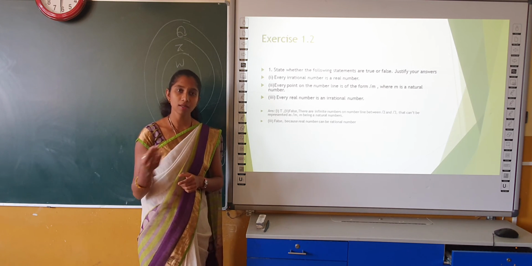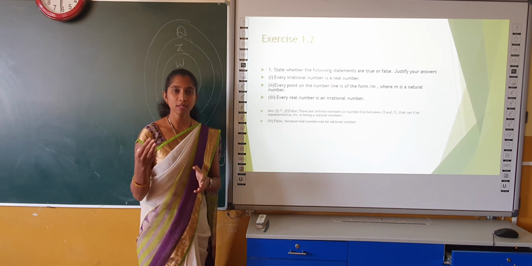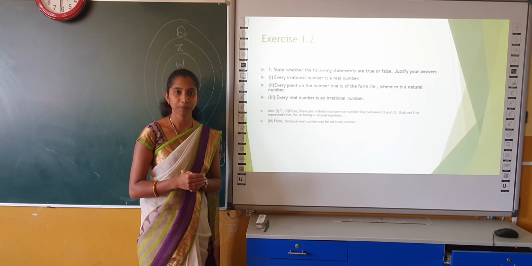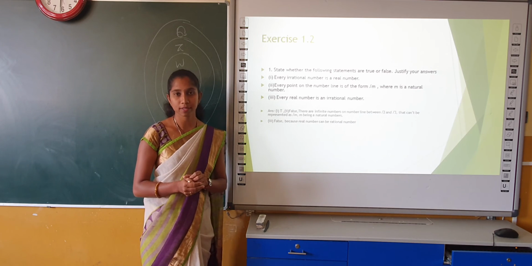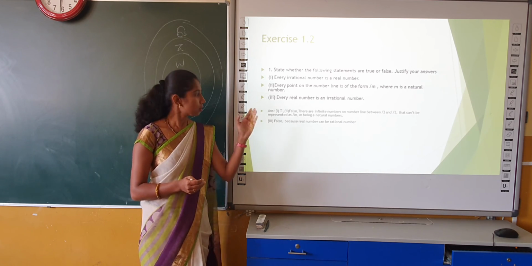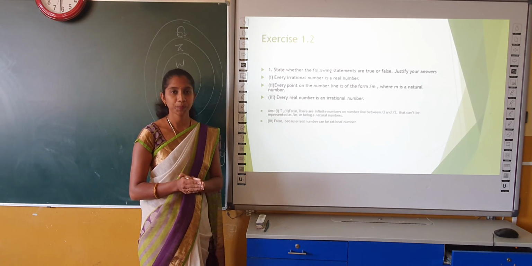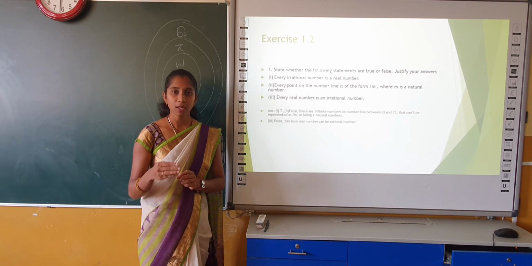These are all irrational numbers. Based on this simple concept, we have three problems in exercise 1.2. We discuss two problems in today's class, and the remaining one in the next class.